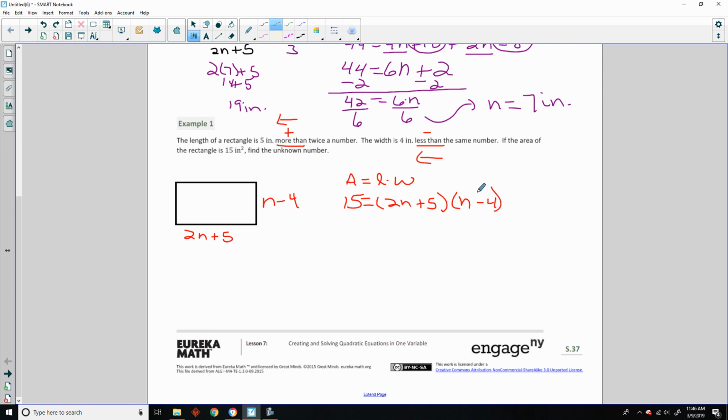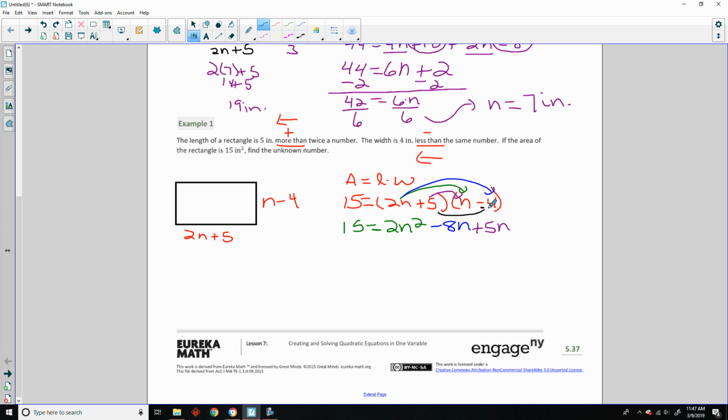Okay, this is FOIL, so I'm going to multiply first terms. So I'm going to get 15 equals 2n times n is 2n squared. 2n times a negative 4 is negative 8n. 5 times n is a positive 5n.